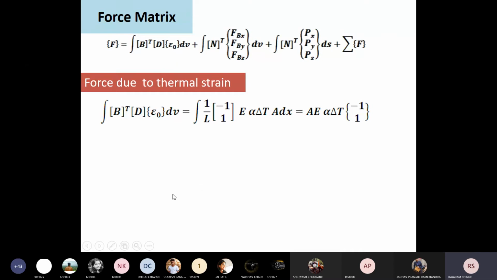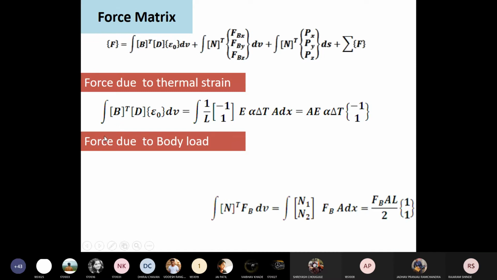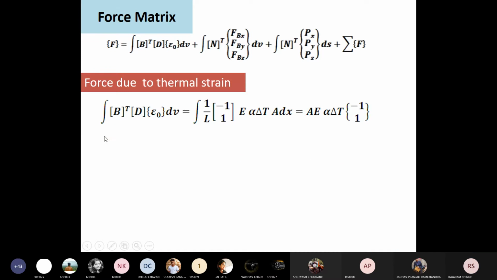Now the next term is the body force term. Now here I will write body force, or it is a body load. For body load, your equation is integration of N transpose into the force.